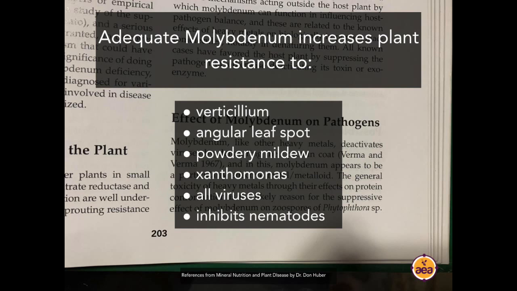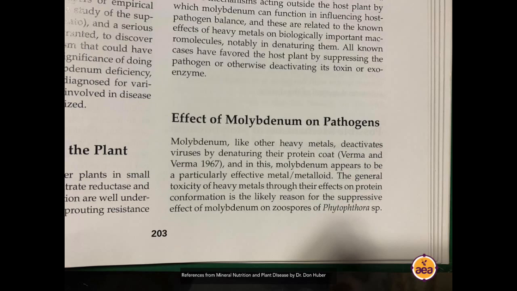And this also shows up in the very first paragraph in the book that I referenced: Molybdenum, like other heavy metals, deactivates viruses by denaturing their protein coat, 1967. So that raises the question, when we have viruses present in a crop, how would that crop expression change when we ensure that it has adequate levels of molybdenum?